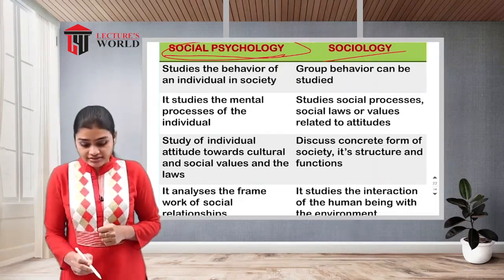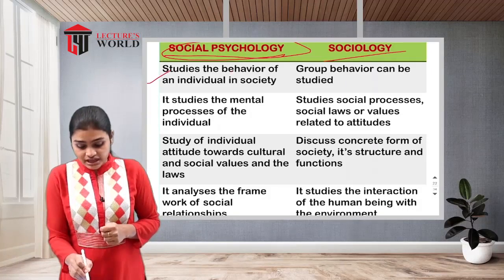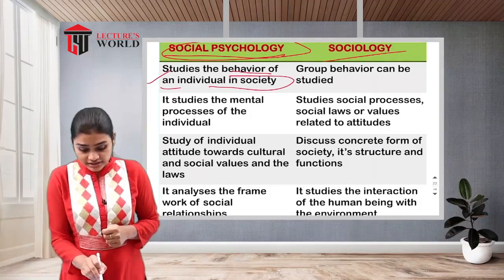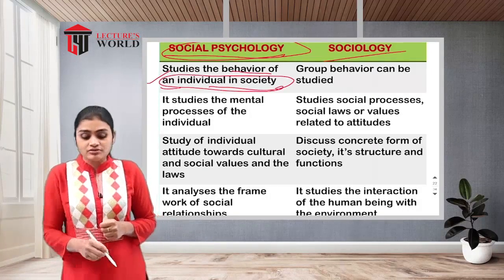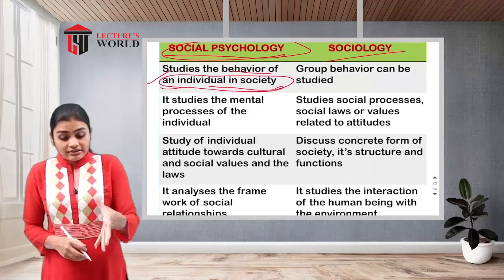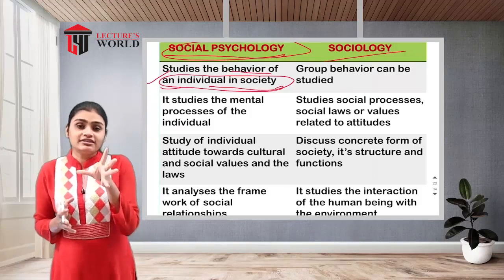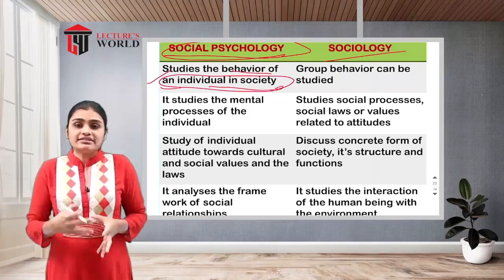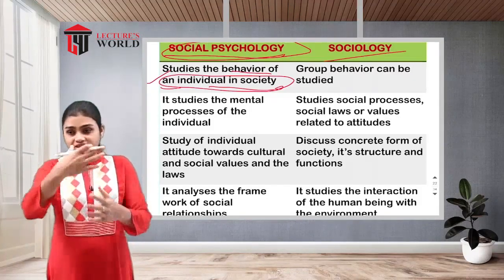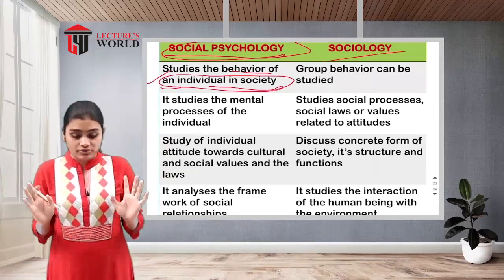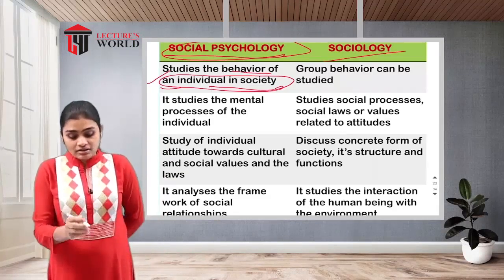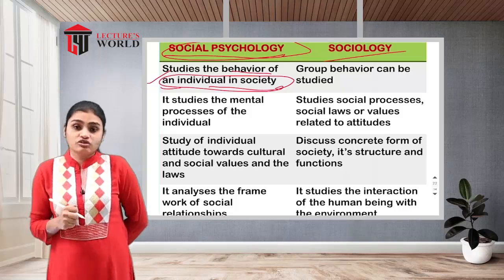The first point is that it studies the behavior of an individual in society. Social psychology studies how individuals behave in their society with other people and their surroundings. That will be dealt with by social psychology.